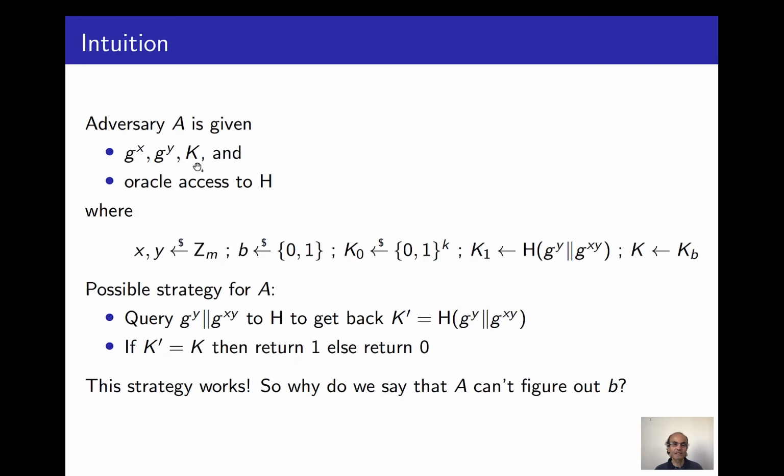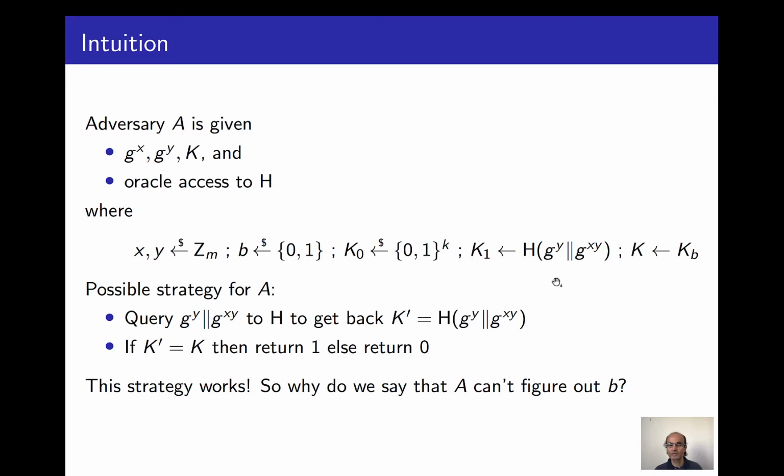Additionally, the adversary gets from that same enc query a challenge key. What does that mean? The game had picked a challenge bit at random and then set k0 to a random k-bit key, while k1 was the correct key corresponding to the ciphertext g to the y.